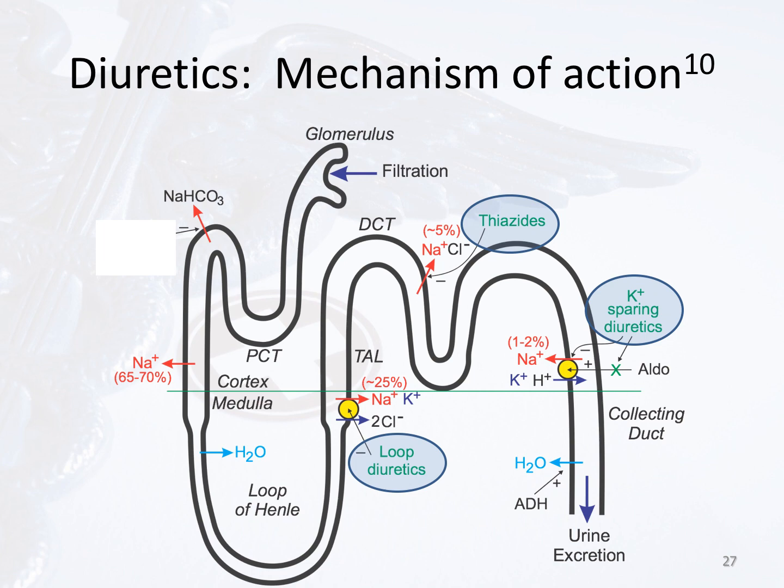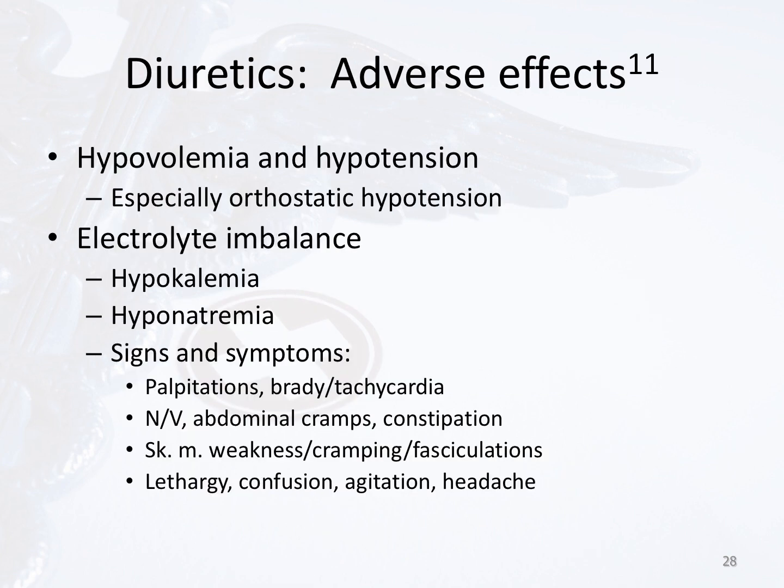The primary adverse effect of diuretics, in addition to hypotension, are electrolyte imbalances. In particular, hypokalemia, or low potassium levels, and hyponatremia, low sodium levels. And these can cause a range of different symptoms.